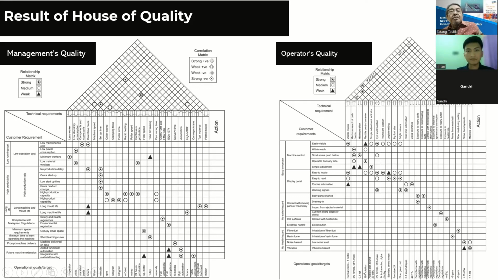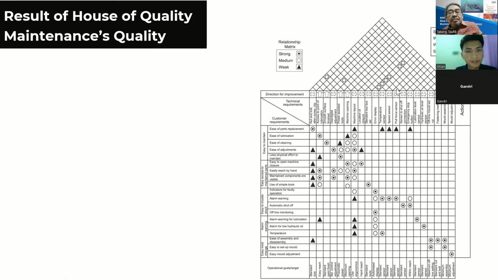Next, for the next slide is about the house of quality for maintenance quality. And also, before we forget to mention, the house of quality concept that we are using here is not fully used. It's only some, like column weight scale and relative customer.